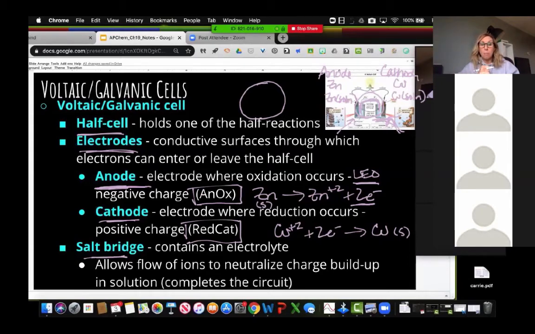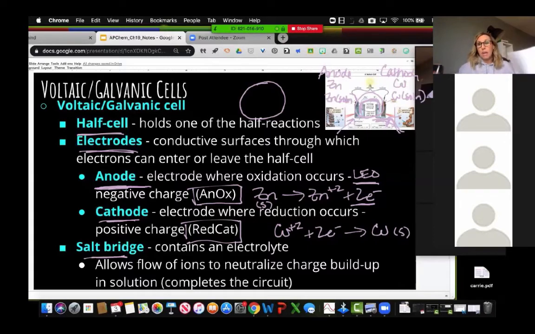So that salt bridge has an electrolyte in it. So electrolyte can be any salt solution. So in this case, I think this one has, let's see, nitrate and potassium. There's very sophisticated ones like this one where it's almost like a little glass tube.